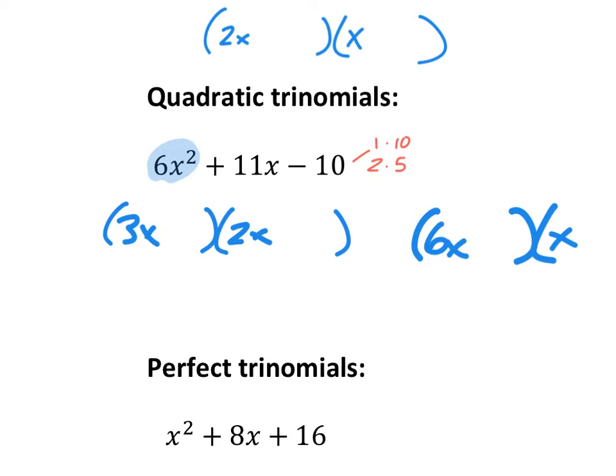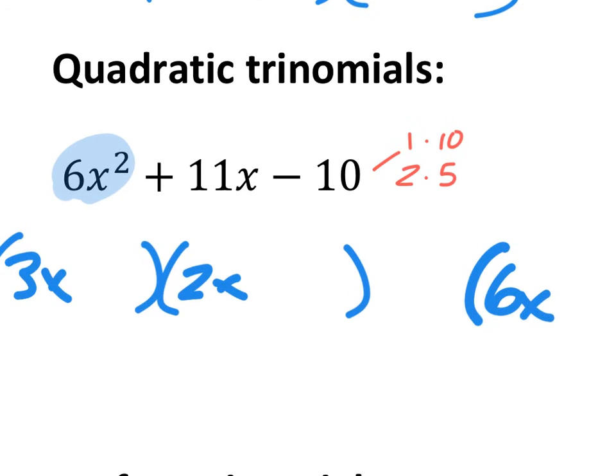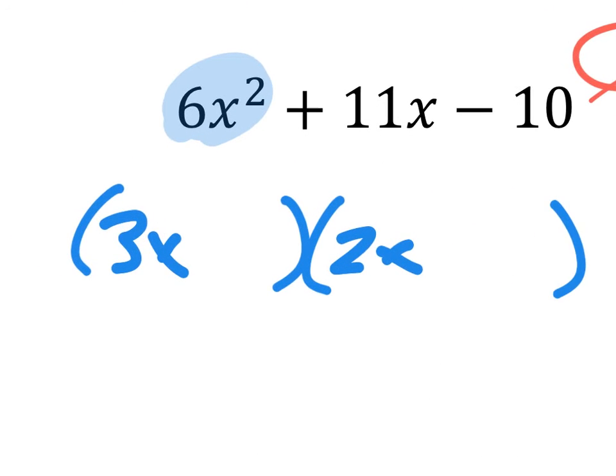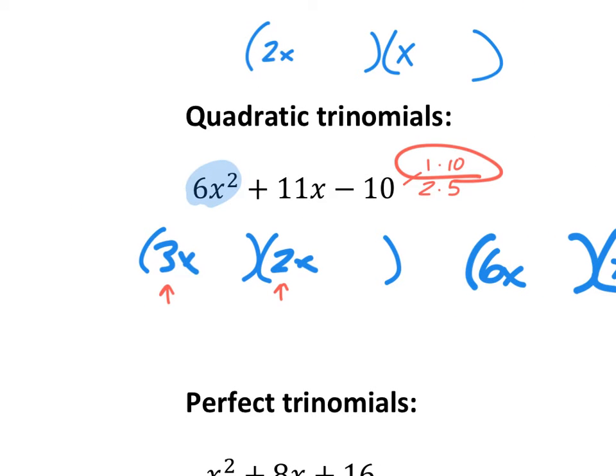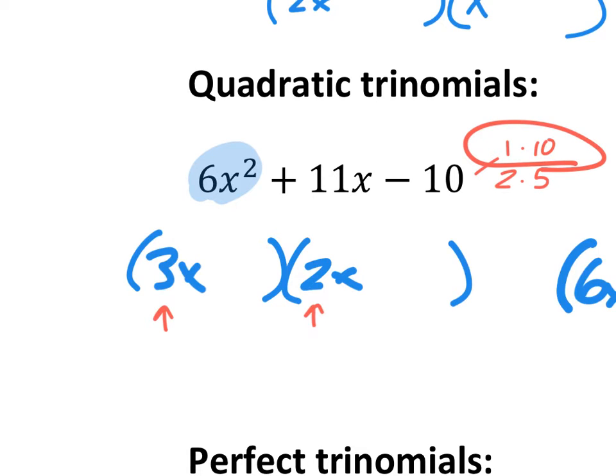Remember, when we're factoring where a is not 1, these factors will no longer add up to the 11. And it's very tempting for this one because 1 and 10 does add up to 11. But whenever a isn't 1 and you have numbers here, remember that your factors will not add up to the number in the middle. We have to get that from FOIL. Now, when you try the different combinations and you FOIL them out, eventually you would land at trying negative 2 here, a positive 5 here.